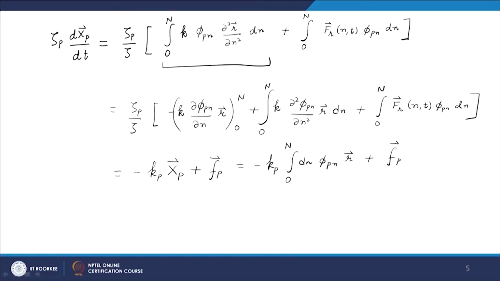So, one possible way is we look at it term by term in the two expressions I have written.